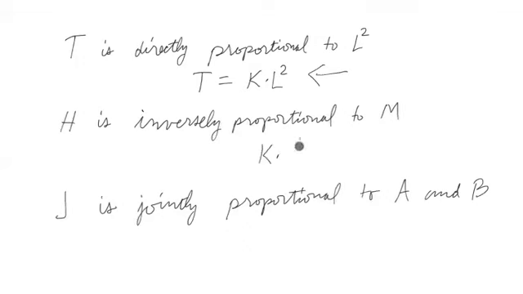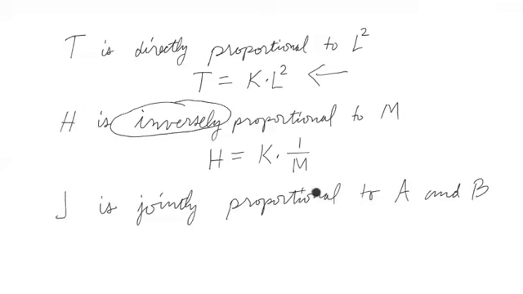So like a 1 over M. So H is equal to a proportion of the reciprocal of M. This inverse kind of means the reciprocal of M. So H is directly proportional to the reciprocal of M, but instead of saying reciprocal, we just say inversely. That's what that wording means. And then you can solve for K if you had a value of H and M, and then you can use that maybe to answer a question.